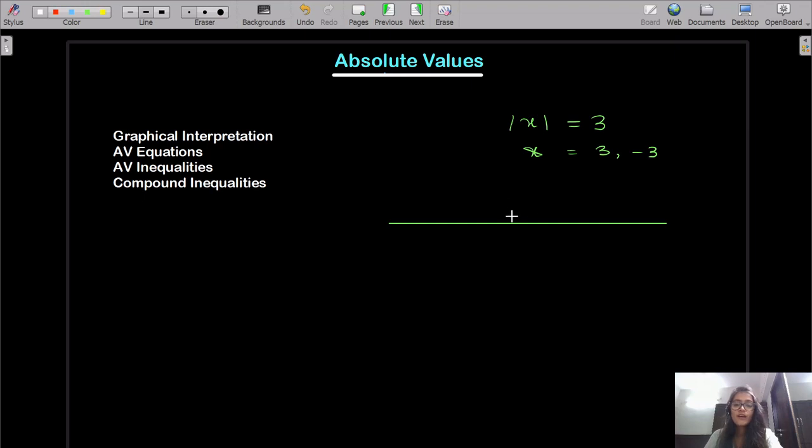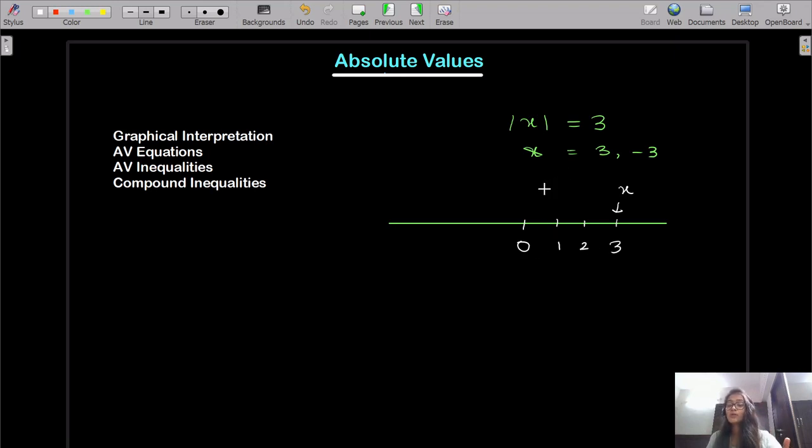So let's say this is a number line and here is 0. I have to take a number such that its distance from 0 is equal to 3. So my x can be at positive 3, because the distance of 3 from 0 is 3.